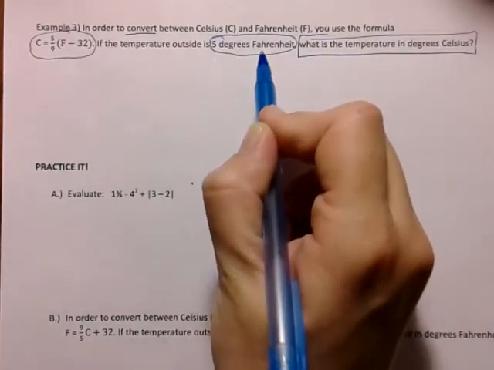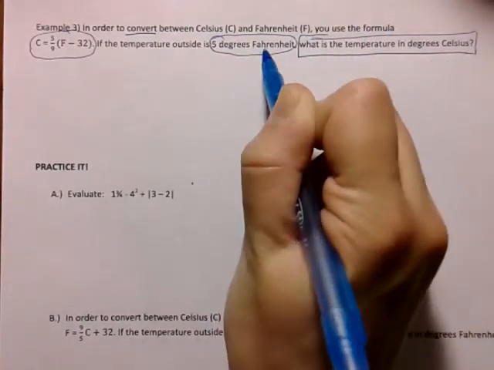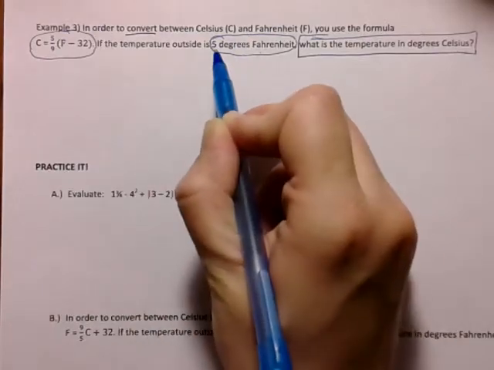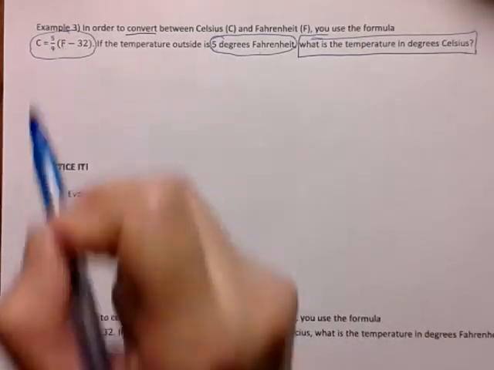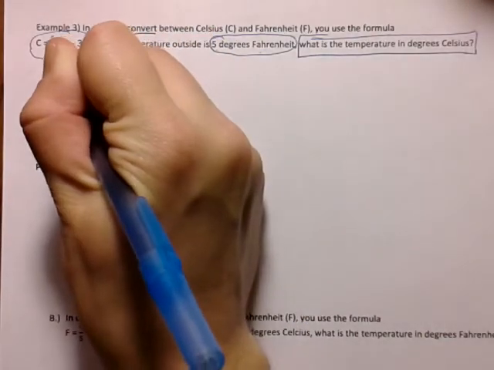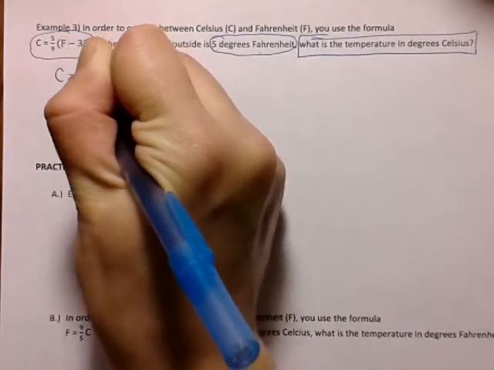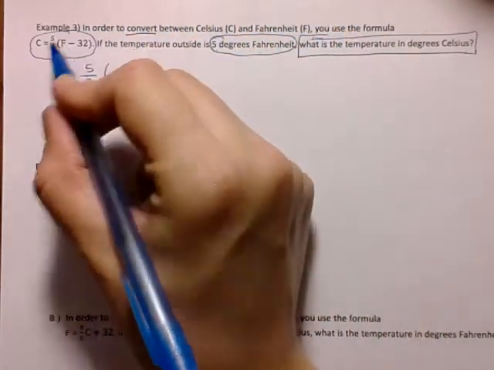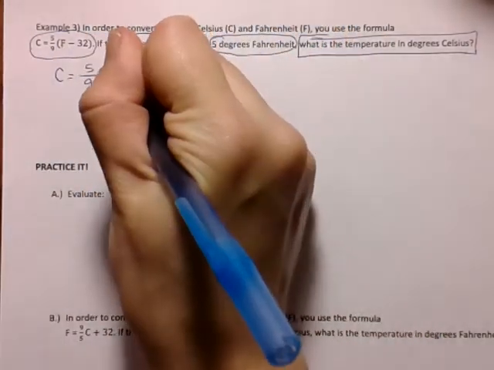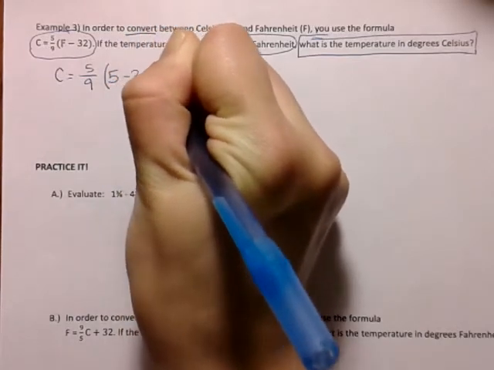So I know that in this case, the Fahrenheit, the F, is 5. So I'm going to plug 5 in. I'm going to substitute 5 for where the F is. So I'm going to rewrite this as C equals 5/9, and instead of the F, I'm going to take the F out and put in the 5, minus 32.